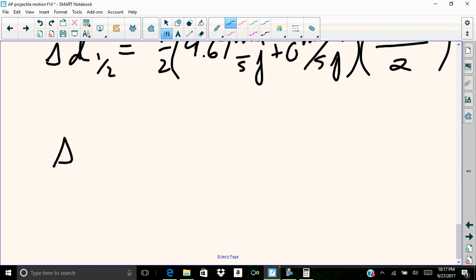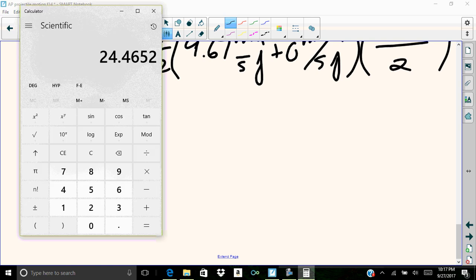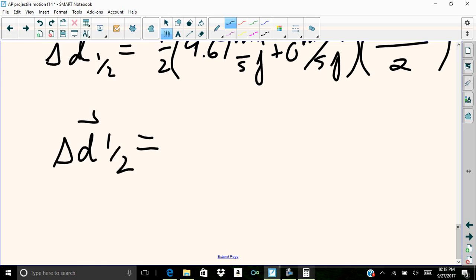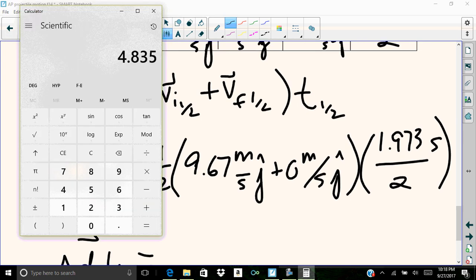Okay, so we're going to go ahead and plug that into the calculator. We end up with 0.5 times 9.67, times parenthesis 1.973 divided by 2.